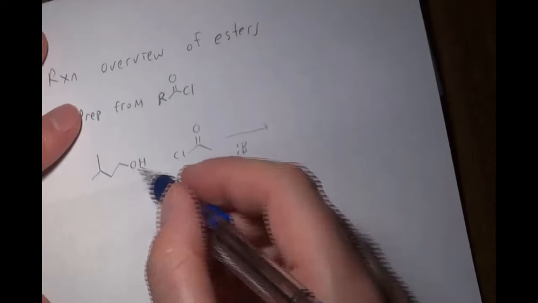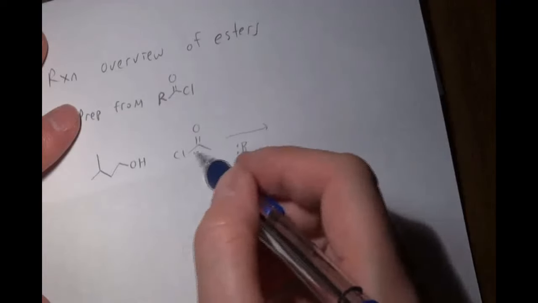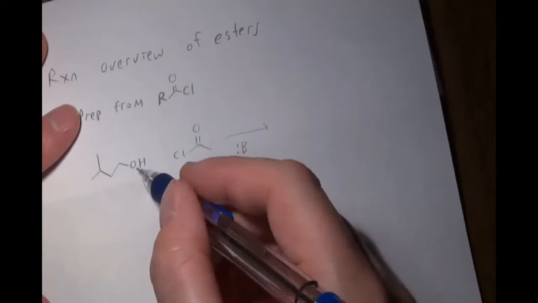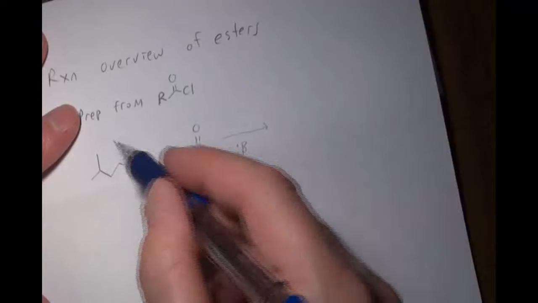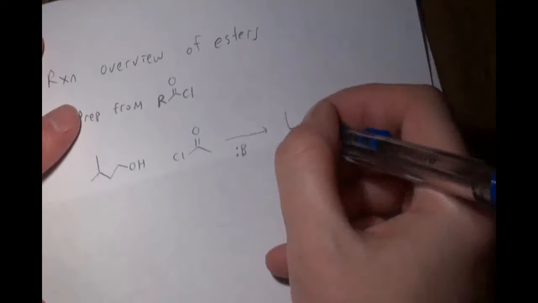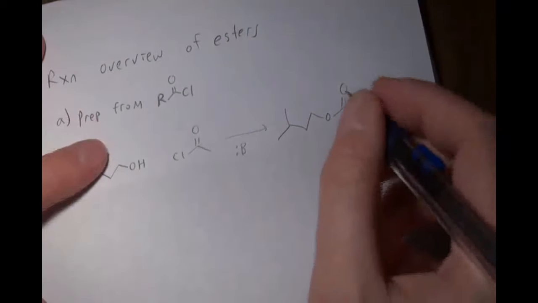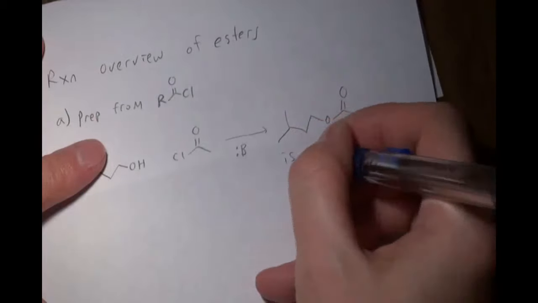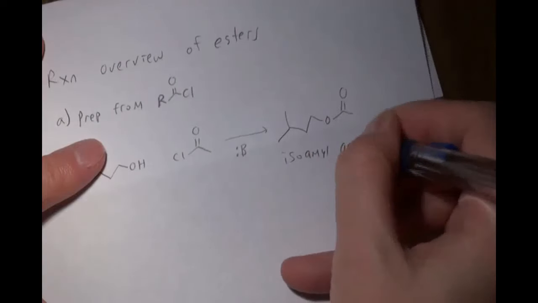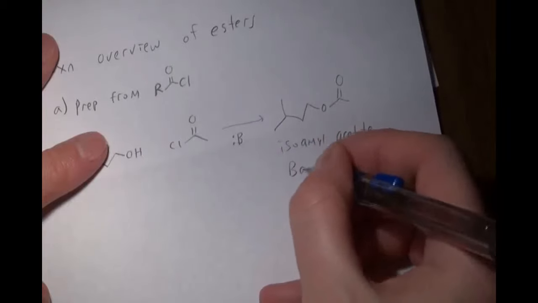It'll just be the oxygen kicks off the chlorine, and we don't have to show the mechanism, just the product, I hope. It's really just going to be the ester of the left piece with the right piece here. So it's just this. This is called isoamyl acetate, and this smells intensely like bananas.